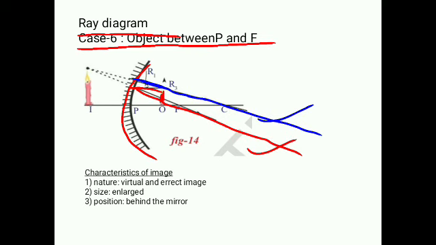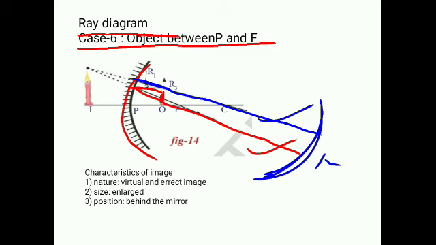This is R3. So we make a small change to draw R3, and you may see these two reflected rays do not meet anywhere. So there is no chance to get an image at this point.